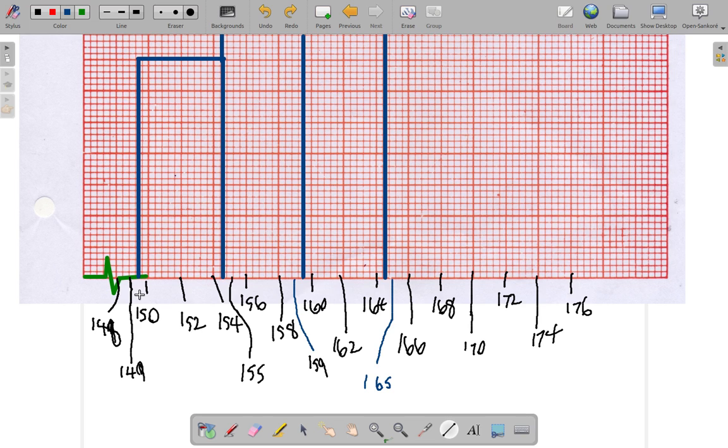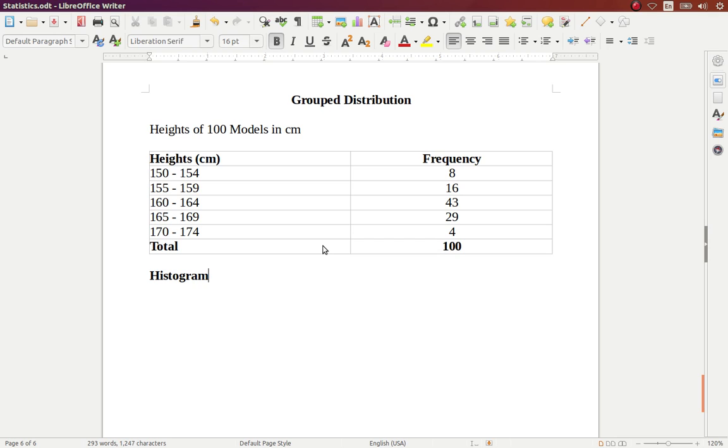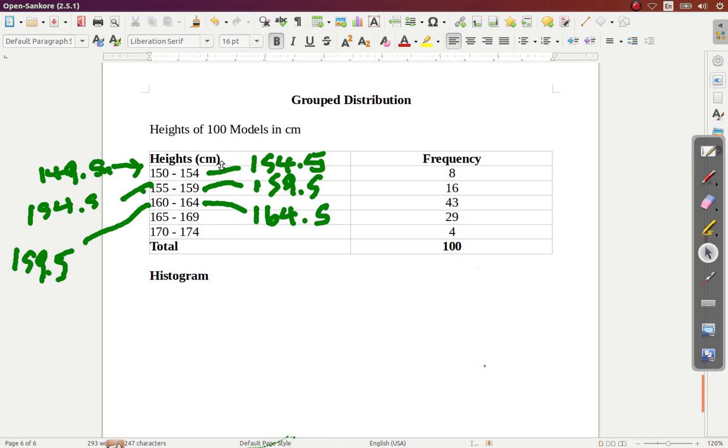Halfway between 154 and 155. Alright? So that shows that you know exactly what you're doing. You're looking at the rules of rounding off, and you are aware of the fact that the 154 doesn't necessarily mean that it goes 154 and stop. It could have been as high as 154 point up to close to 154.5.